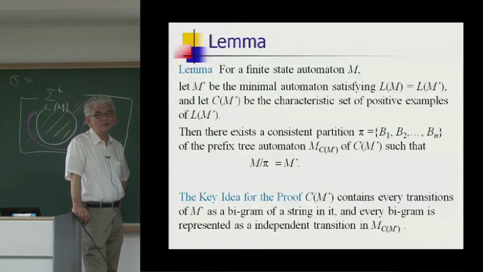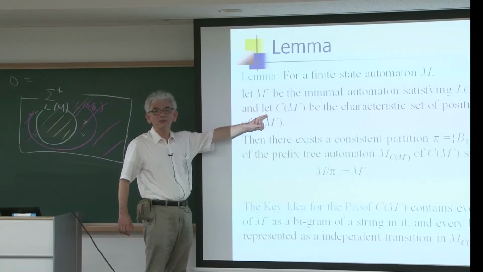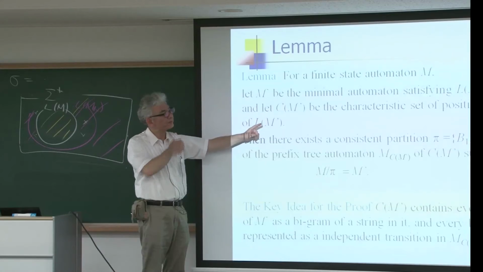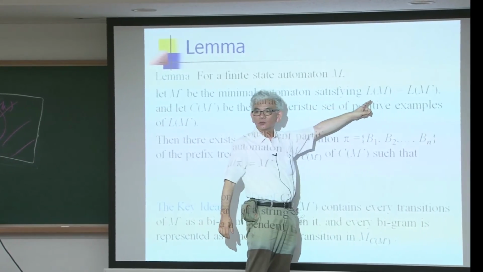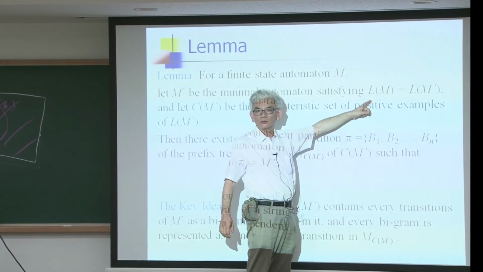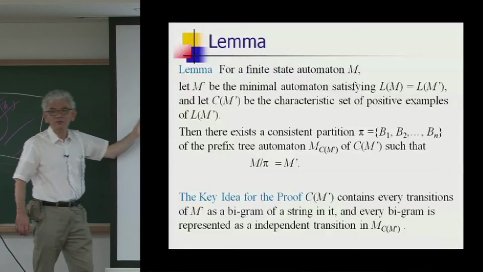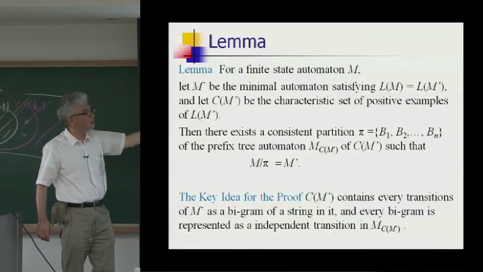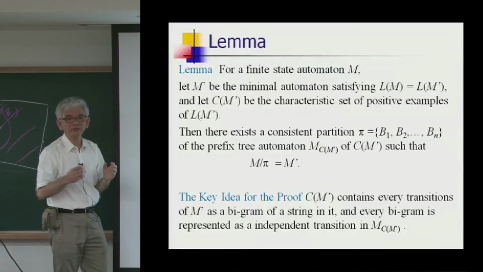Again, for a finite state automaton, we have several automata which are equivalent to the original automaton. So when we discuss such properties of automata, we usually use a minimal automaton. Minimal means the number of states is minimal.